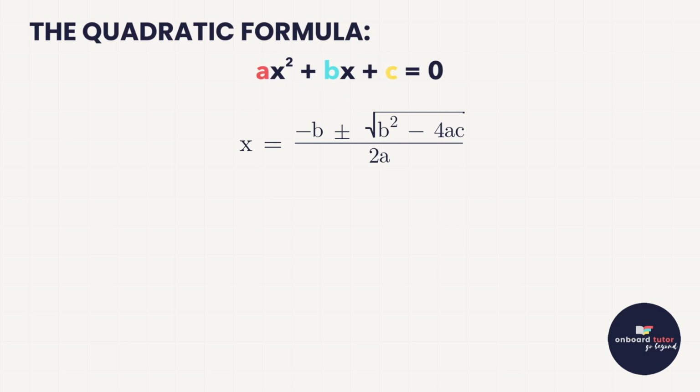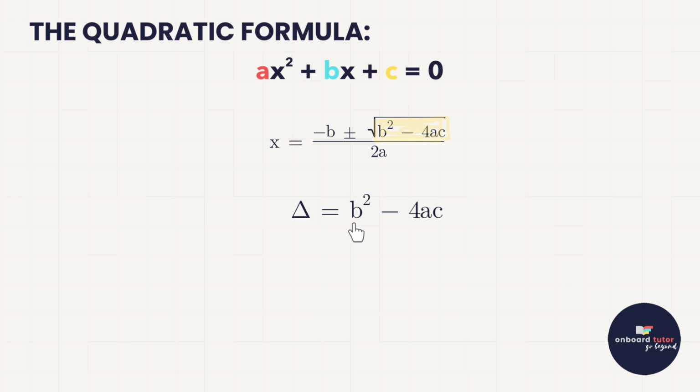But now that we move on to the nature of roots, we are going to focus our attention very closely on what is happening here underneath the square root sign. So this b squared minus 4ac that we find under the root sign is known as the discriminant. And the discriminant tells us all about the nature of the roots.